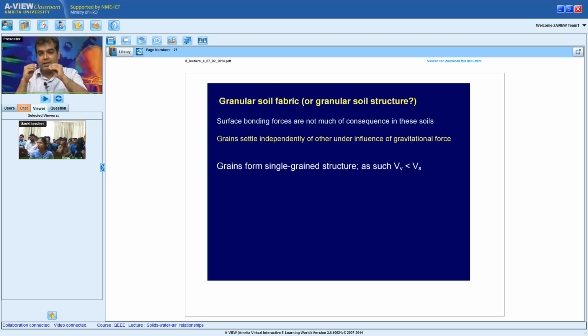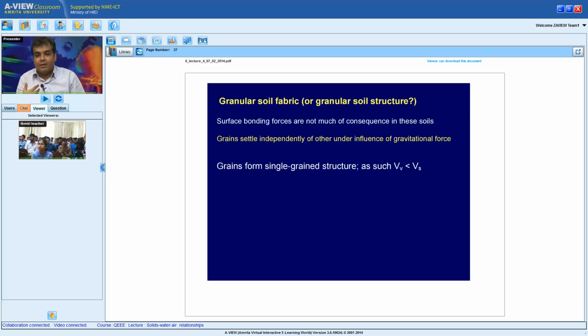If I have a clay crystal and move further from it, the attraction force decreases. In other words, the thickness of the water film layer surrounding the clay crystal, at some distance away, is the diffuse double layer.